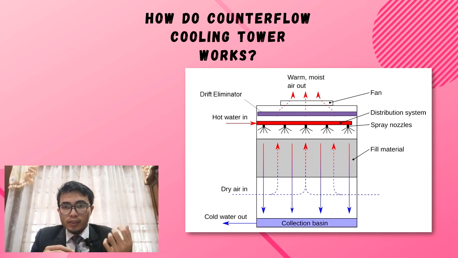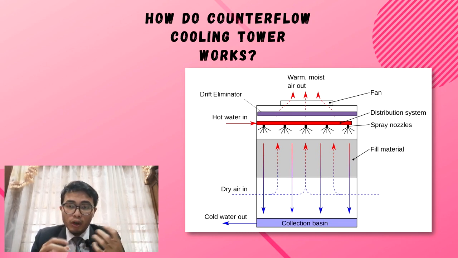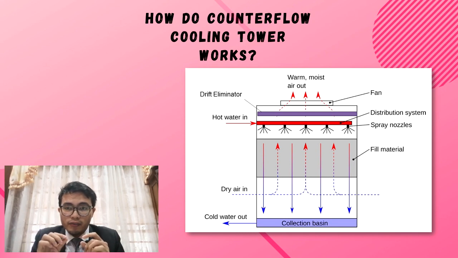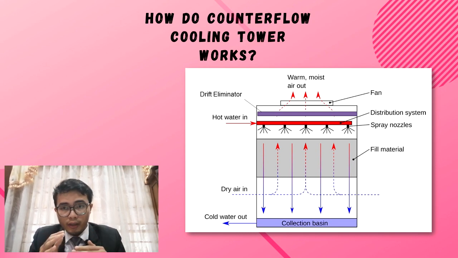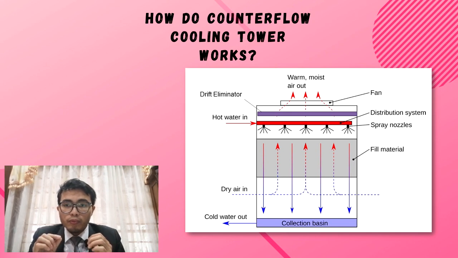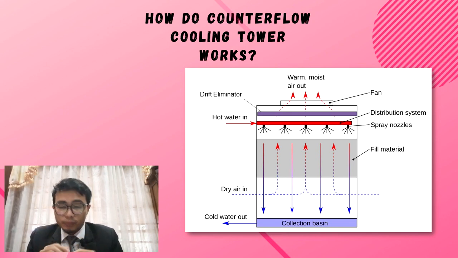When the hot water is spread on the heat exchanger, it evaporates because there is a large contact surface area, and with the help of the moving air, the hot water vapor is moved out from the tower.